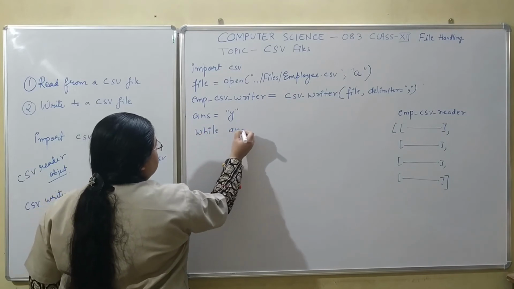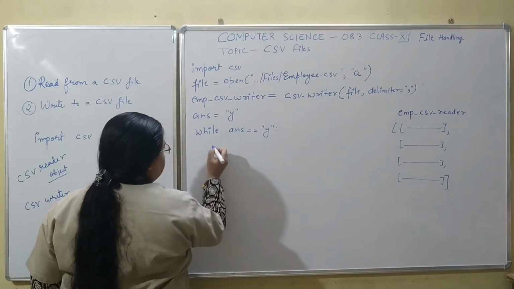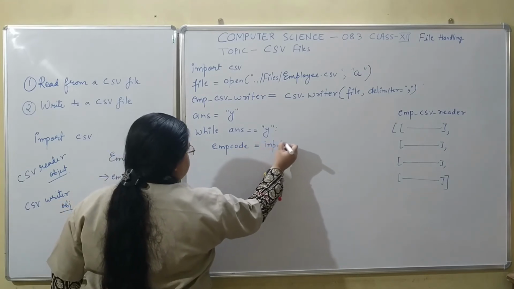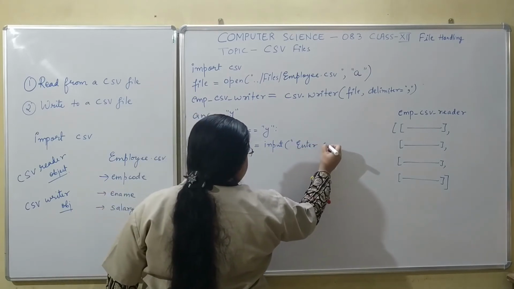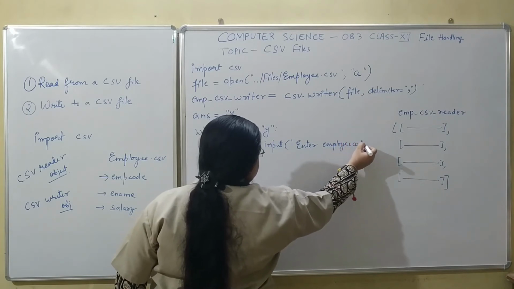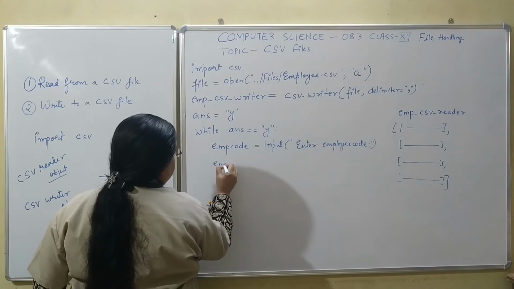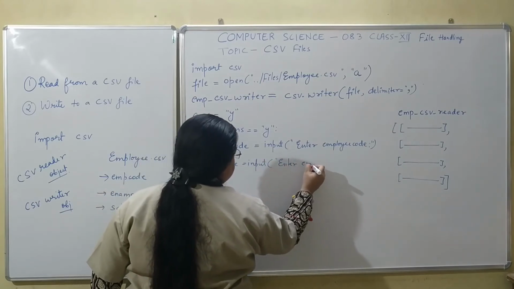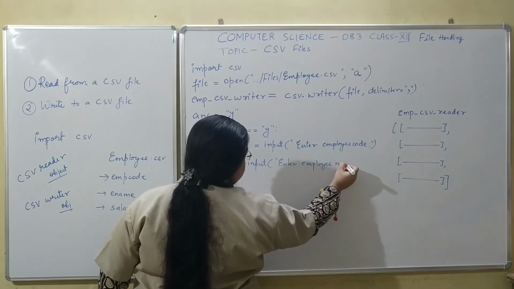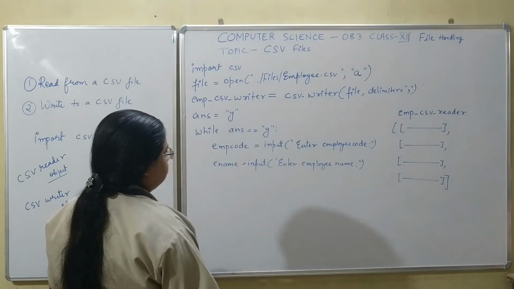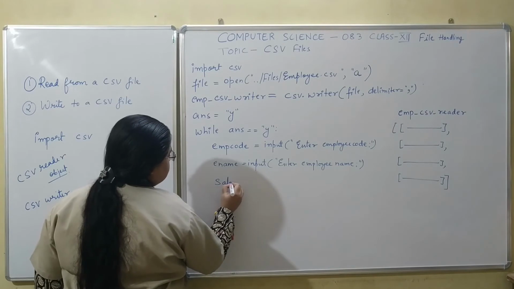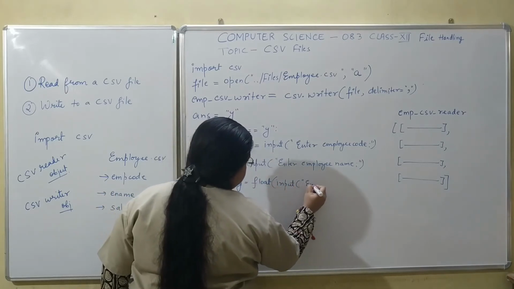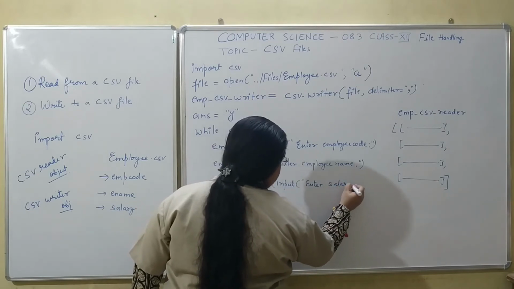while ans equals Y, read the values. So I will be reading the employee code, enter employee code, ename, enter employee name, and salary, enter salary.